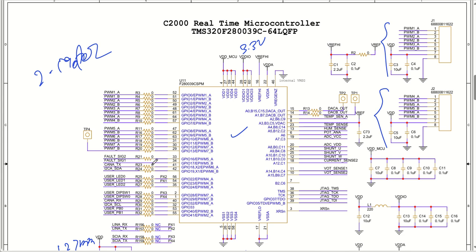That is actually a good method. There is no need to make your design complex. Whatever is needed, only that you can utilize, and the rest of the pins you can leave open. How to terminate your unused pins is also in the microcontroller data sheet, which you can use as a reference as well.